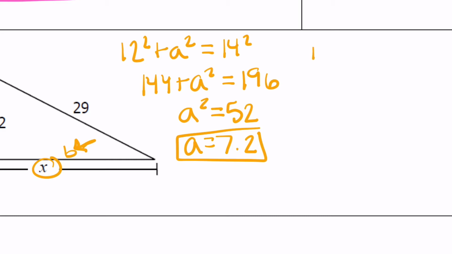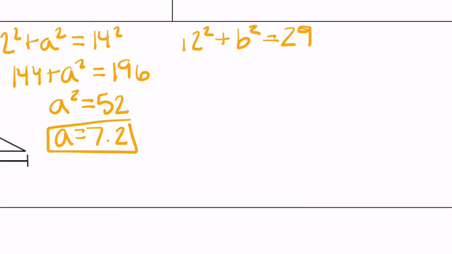So again, I have 12 squared plus b squared equals 29 squared. So 144 plus b squared equals 841.